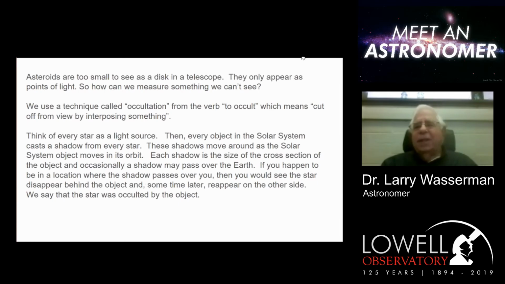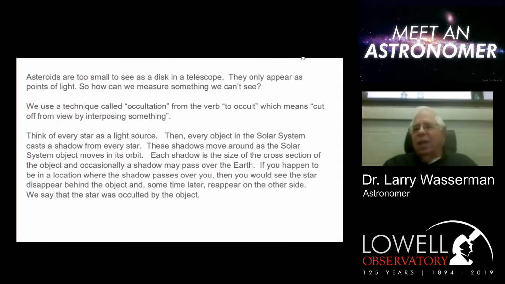Well, think of every star in the sky as a light source. Then every object moving around the solar system casts a shadow from every star. And as the Earth and the objects move, these shadows move around the solar system. And each shadow is exactly the size of the cross-section of the object. It's a silhouette.